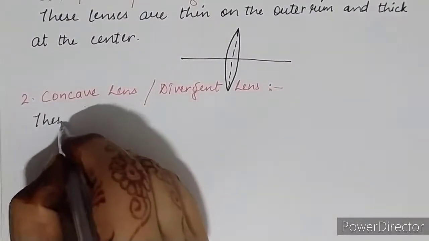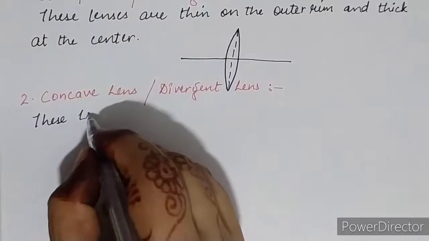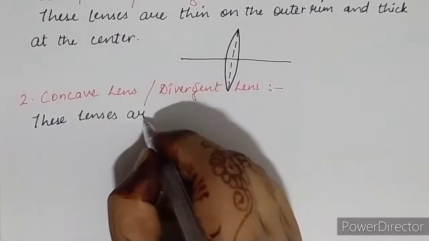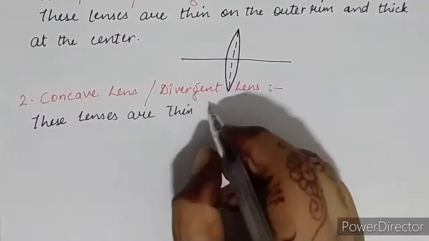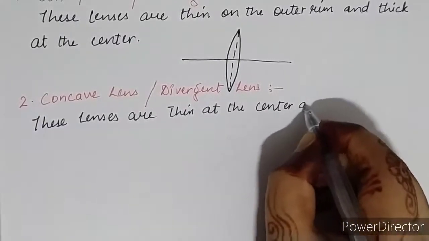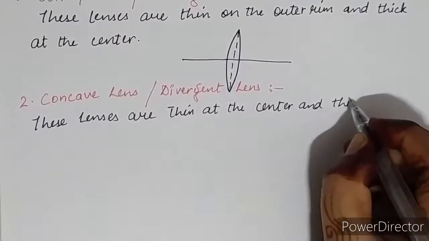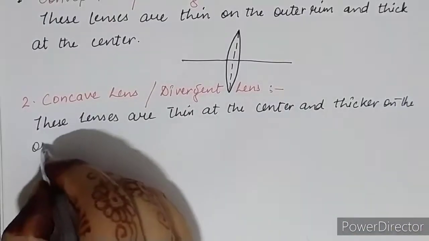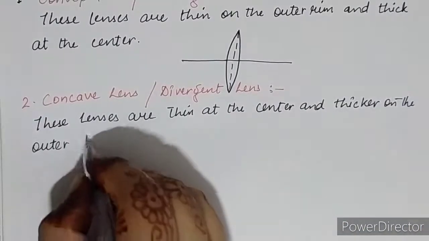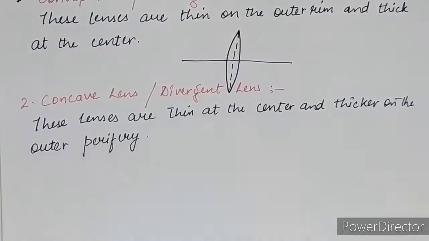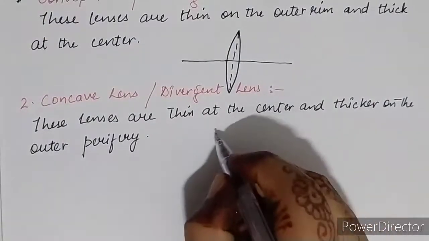These lenses are thin at the center and thicker on the outer periphery or rim or portion, whatever you may write. Periphery means the outer portion. And the diagram of this is like that, beta.